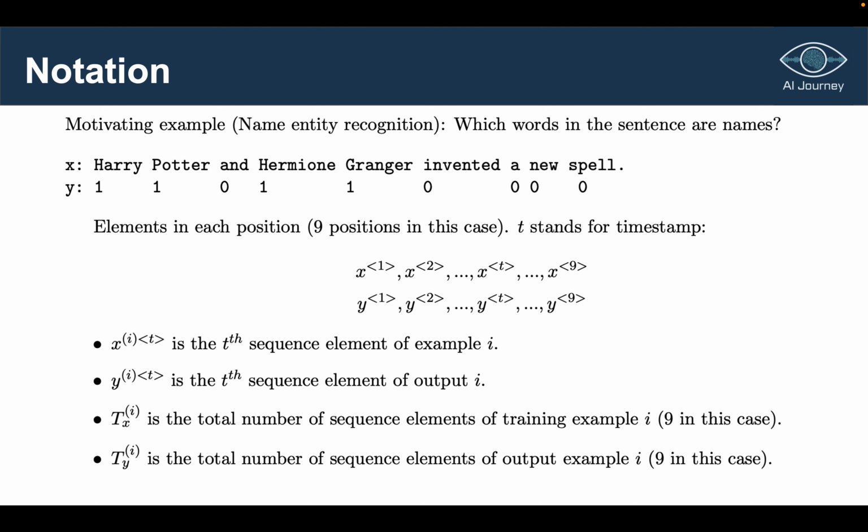So to be more concrete, our input example is gonna be a vector x that has a number T of tokens, and those are our input tokens.